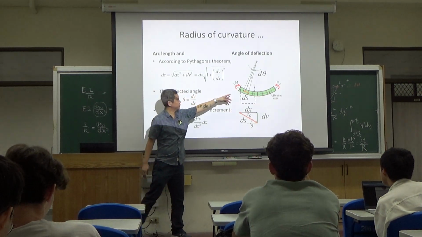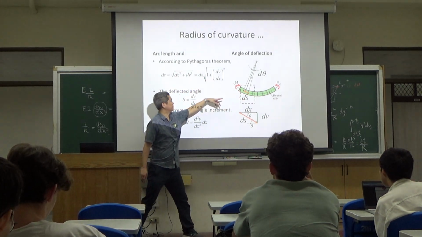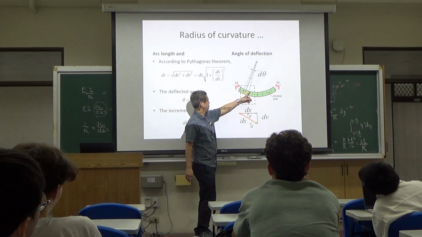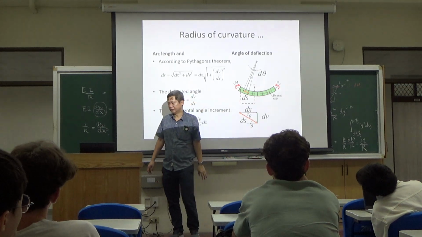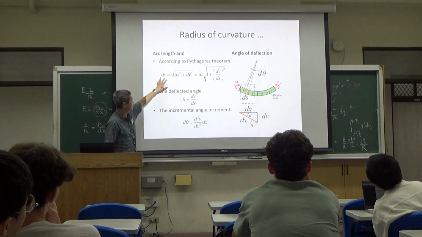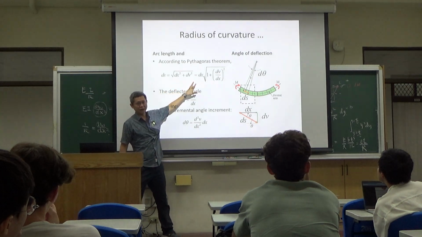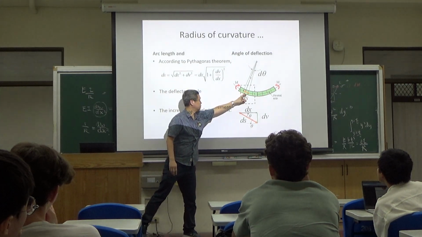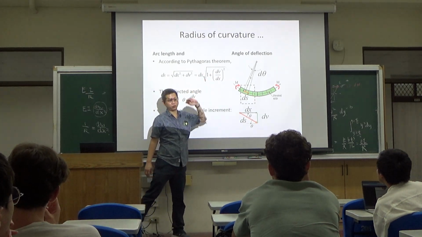But the arc length can also be described from the gradient. In this case, you move forward by dx and move down by dy or dv. Using Pythagoras theorem, the arc length can be described as the horizontal distance between the two points times the square root of 1 plus the gradient squared.